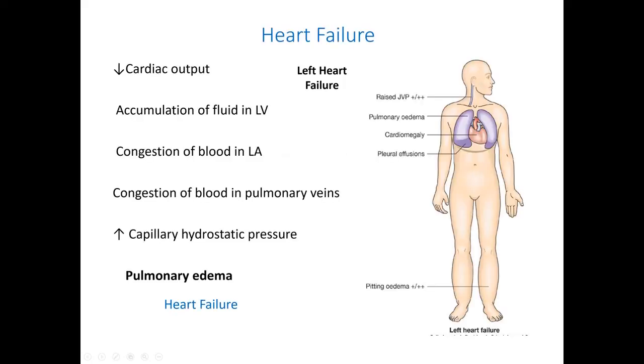Now we will briefly discuss pathophysiology of various types of generalized edema. Heart failure: that is left heart failure, decreased cardiac output, accumulation of fluid in left ventricle, congestion of blood in left atrium, congestion of blood in pulmonary veins, increased capillary hydrostatic pressure resulting in pulmonary edema, which is seen in heart failure.